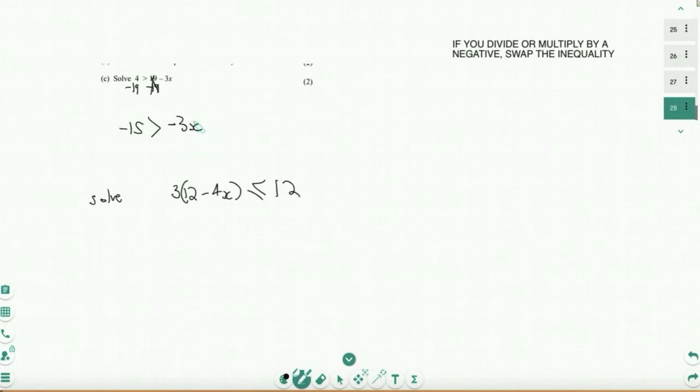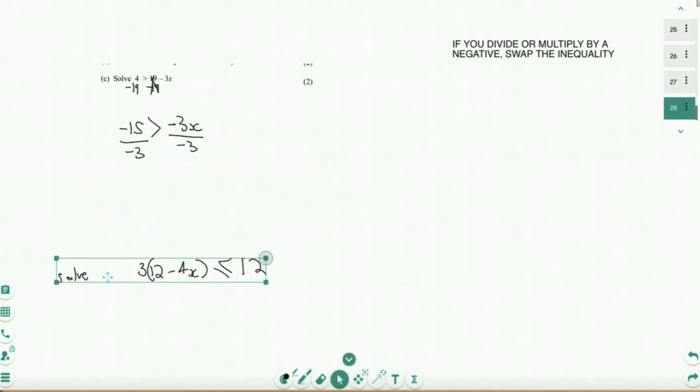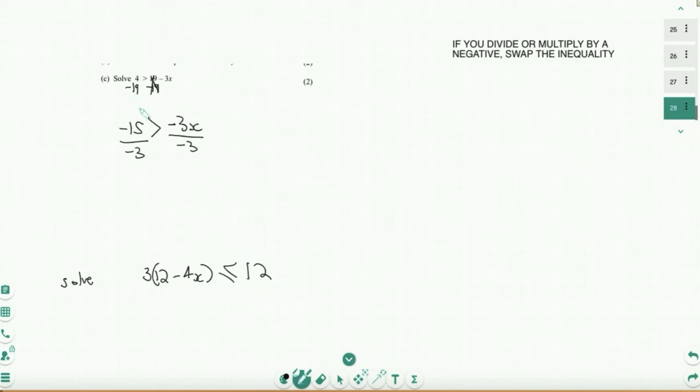Now x is being multiplied by -3. How do you get rid of multiplying by -3? You divide by -3. So we have to balance it by dividing by -3 here. -15 divided by -3 is 5. But actually, before we do that, here's the thing. Look at this little fact.